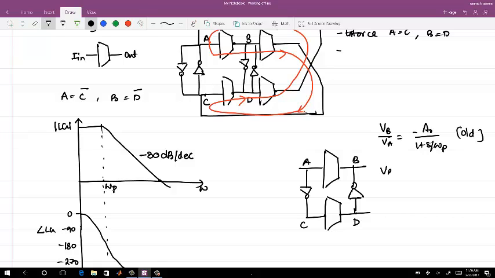Now what can you think about it? All these are loaded, so the B terminal is also loaded and the D terminal is also loaded. So what can you say now about the addition to the transfer function?